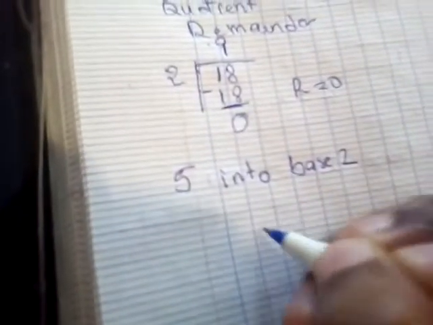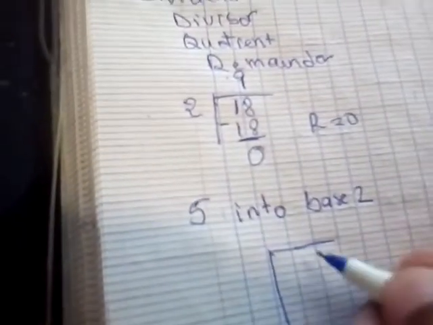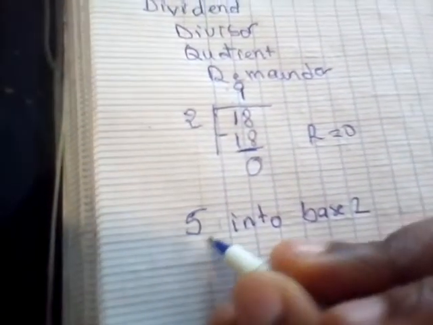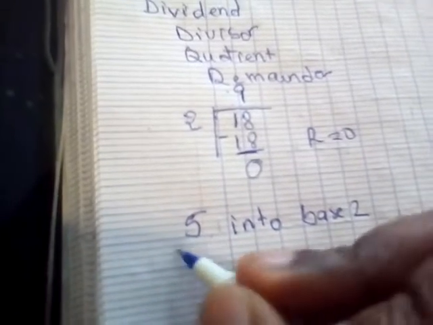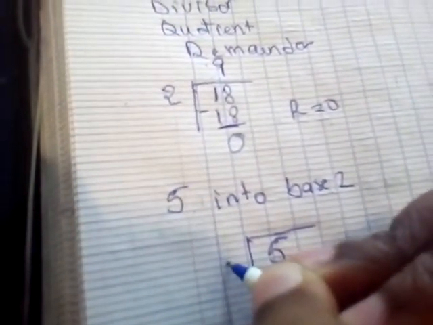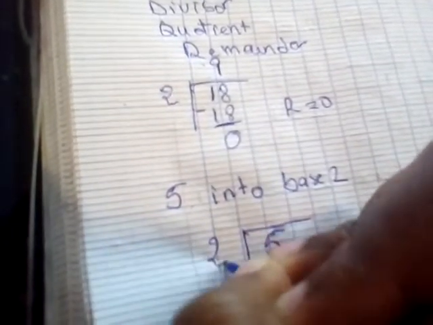I will use the division operation. What comes here is the number you are trying to change into the desired base, so you write 5 here. And then what comes here is your desired base, which is 2 in this question.